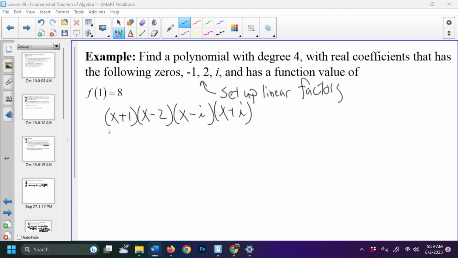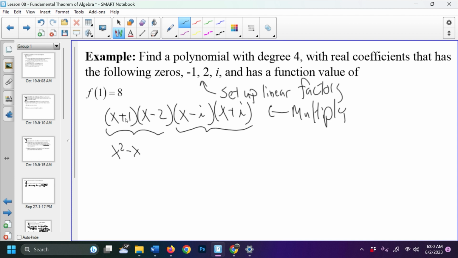Again, we will multiply these two together. We'll multiply these two together. x times x is x squared. x times negative 2 is negative 2x. 1 times x is positive x. Plus the negative 2x will have negative x. And then 1 times negative 2 is negative 2.